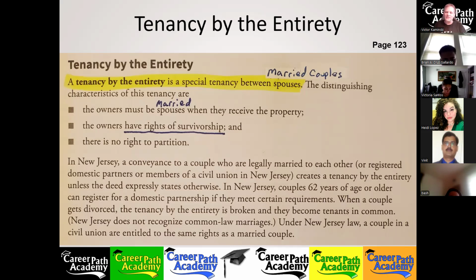Common law marriage is if your state recognizes it and you're living together as a couple for a long enough period of time as required by state law, and you wish to be considered married, you can be married without going through the formal process of getting married. That's what common law marriage is. Now, under New Jersey law, a couple in a civil union are entitled to the same rights as married couples are.